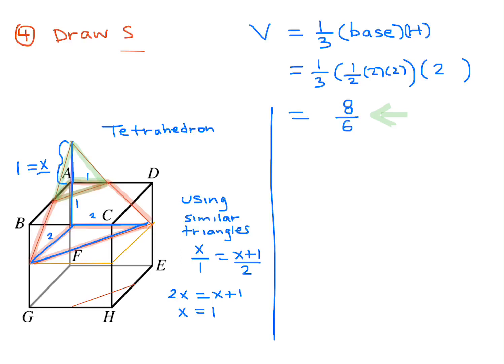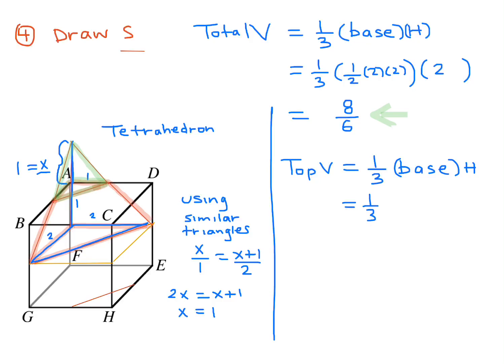All right, so we are almost done. So now this was V total, total volume, and then I just have to figure out now the top volume, which is the part I shaded in green. All right, same formula, 1/3 base times height.